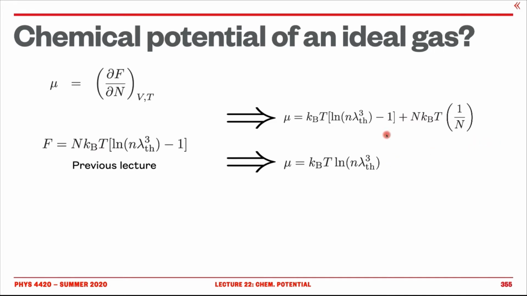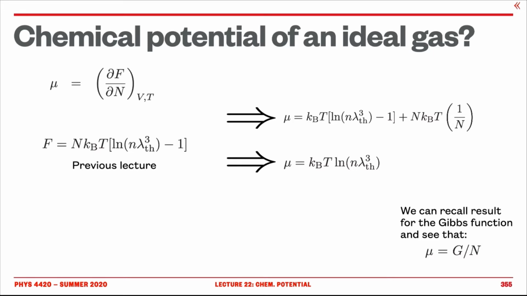And then you find that after things simplify and so on, the chemical potential is nothing else than kBT ln of n lambda cubed, the thermal wavelength cubed times the density of particles. So this is how you calculate it. This is pretty straightforward again by considering all these equations, which I usually find a good place on a crib sheet somewhere.